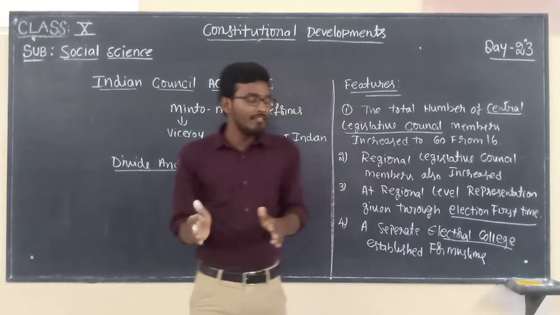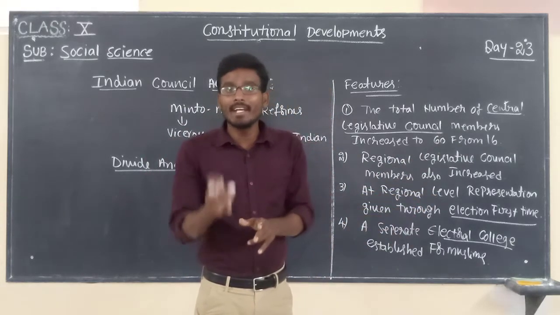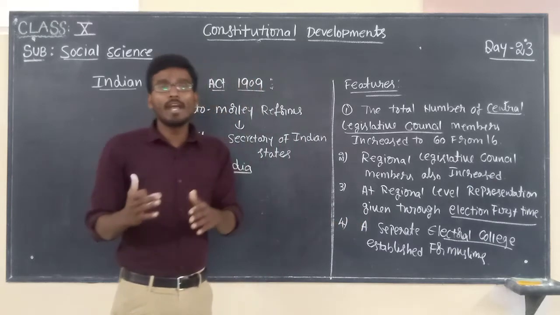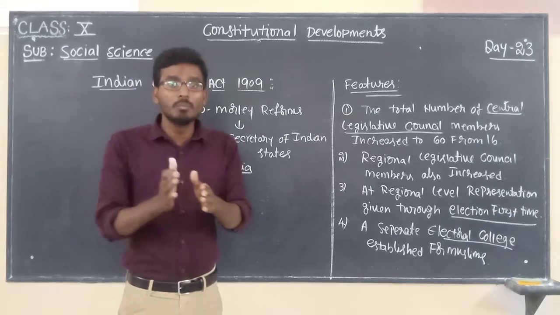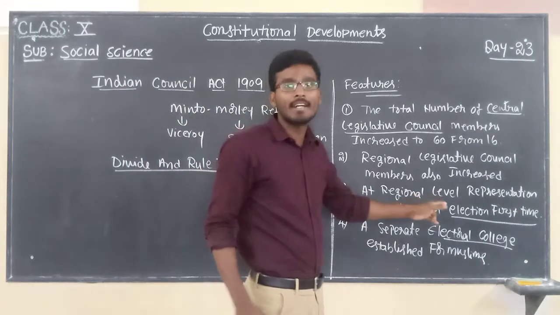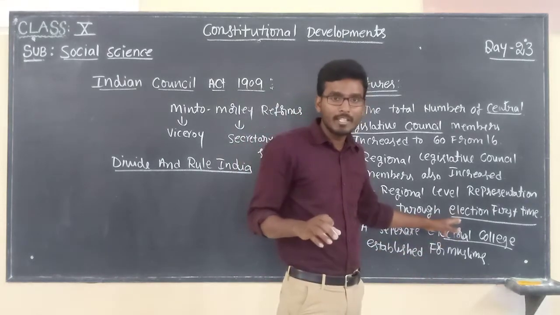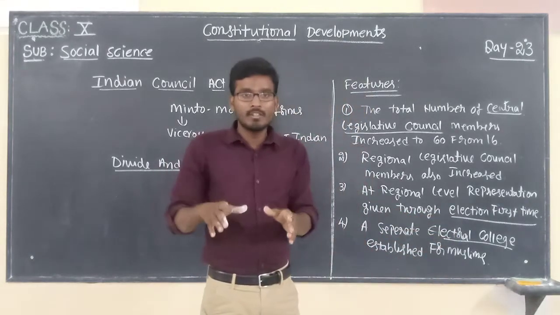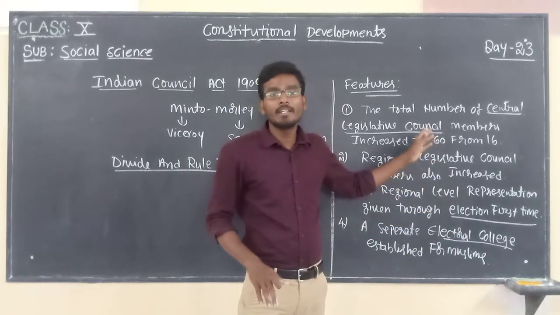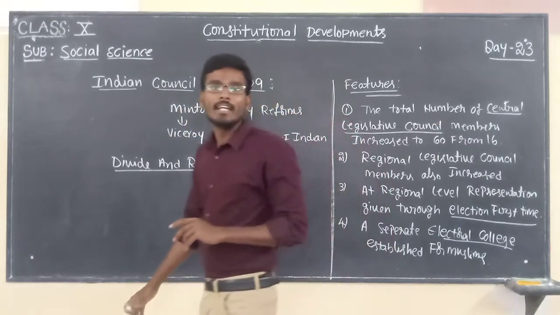At a regional level, representation was given by conducting elections for the first time, and more importantly, to give separate representation to the Muslims, a separate electoral college was started only for Muslims. Electoral college means nothing but the elected members from the Muslim community. So these are the important features of the Indian Council Act 1909.